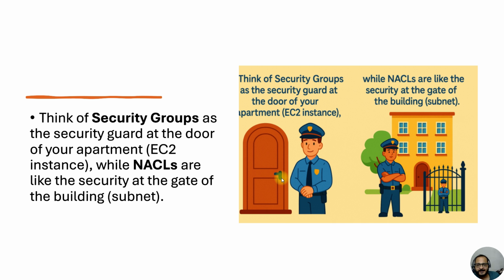But the NACL is like a security guard at your building gate. So this is going to protect the entire building, but the security group is protecting only the instance where you have applied it. This is the main difference between a security group and a network access control list. When we do a demonstration, it will be more clear.